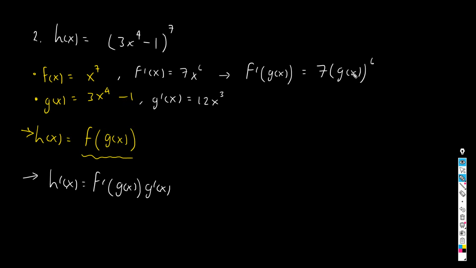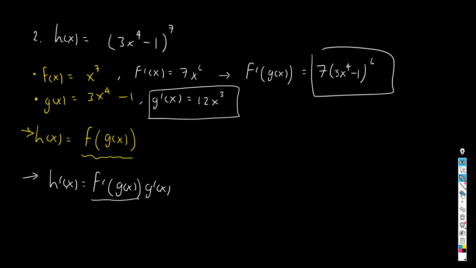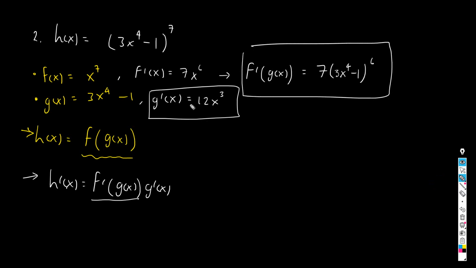So I might as well erase this and input such binomial, 3x to the 4 minus 1. And this is, guys, f prime evaluated in g of x, which is what we have in here. And now g prime of x, I already have it, which is this thing. This result and this result are the ones appearing in here, and I just paste them.